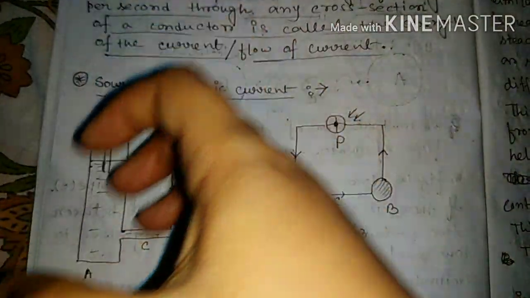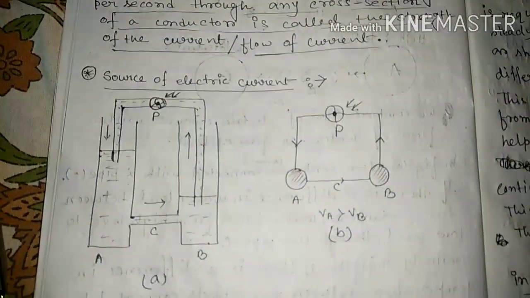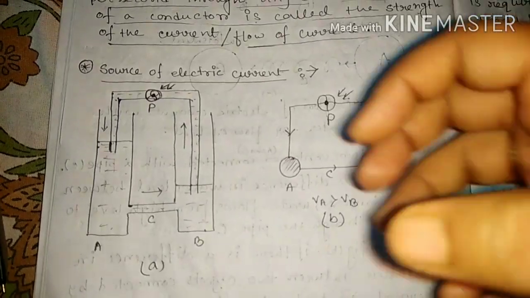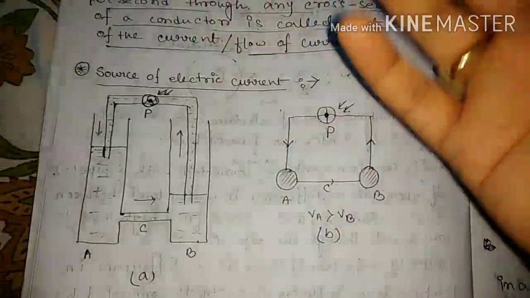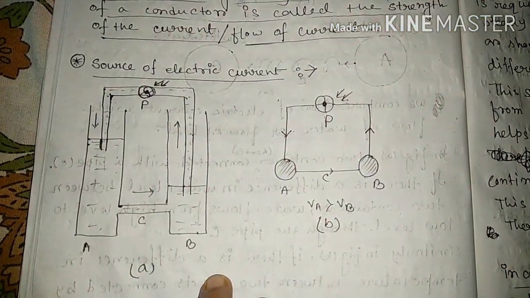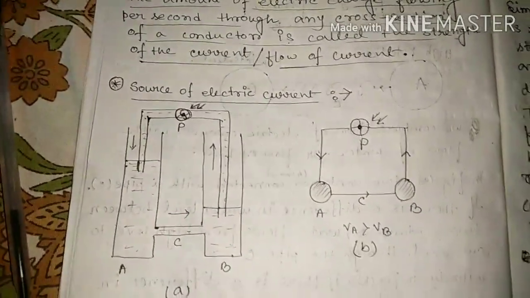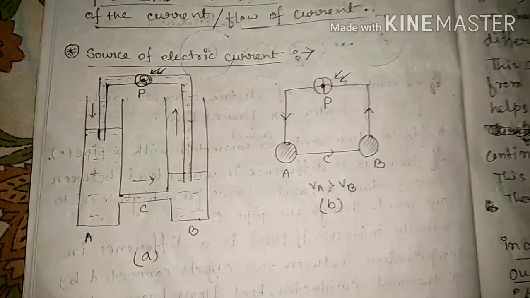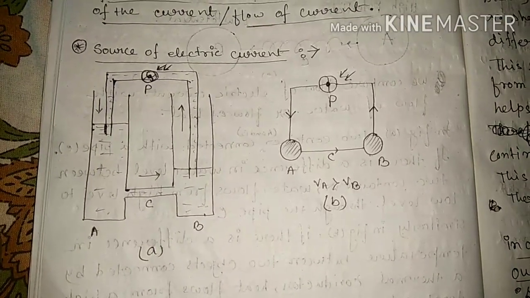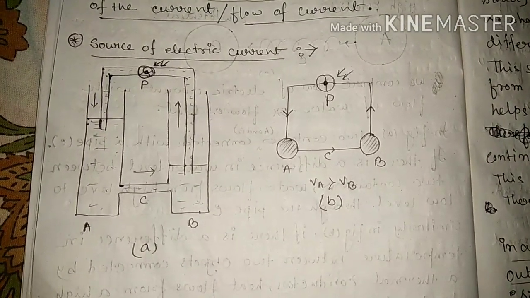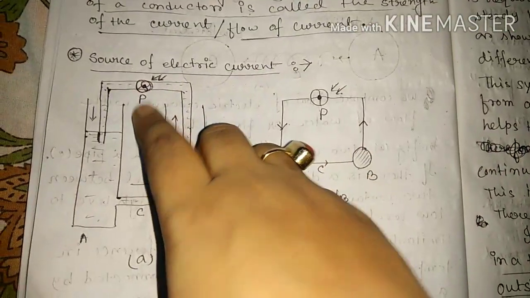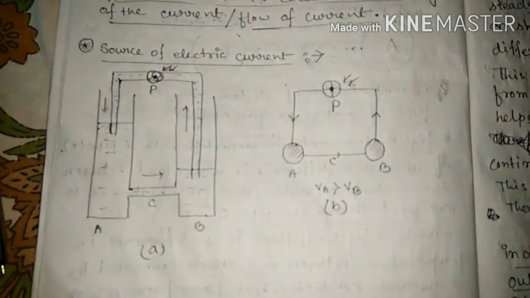This pump continuously takes the water from B and moves it outside. This pump needs energy from outside to run, and that external energy of the pump acts as a source of water flow.